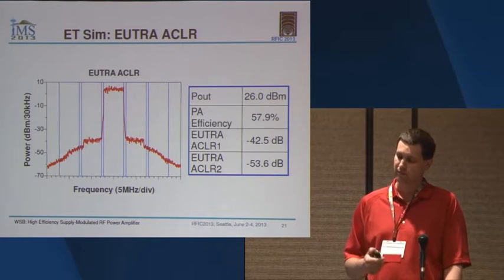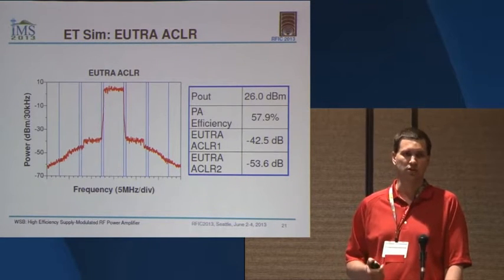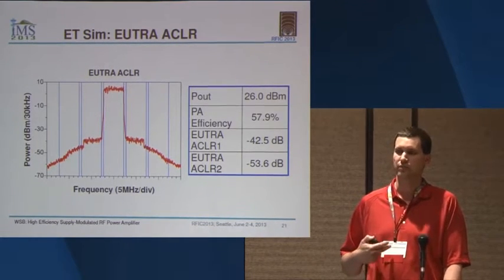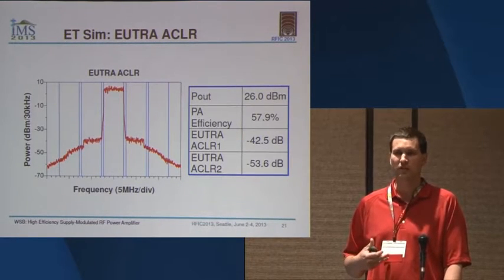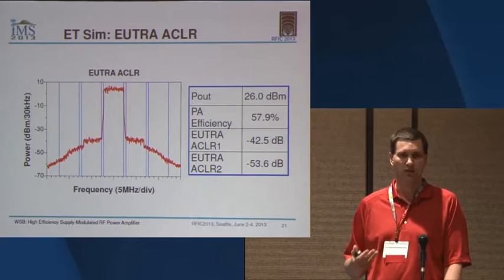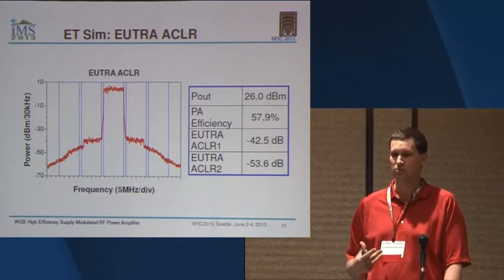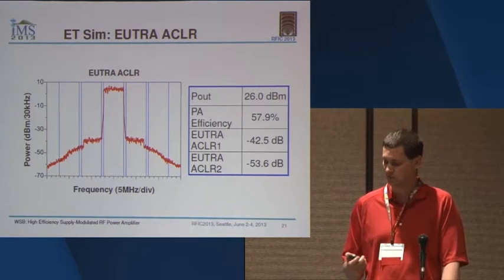So achieving better than minus 40 dB ACLR was within our targets for the project. Once again, these are simulated envelope tracking results using a measured model of the PA. So when we actually put it in the system with the envelope tracking modulator, it could be degraded further due to other imperfections in the system.